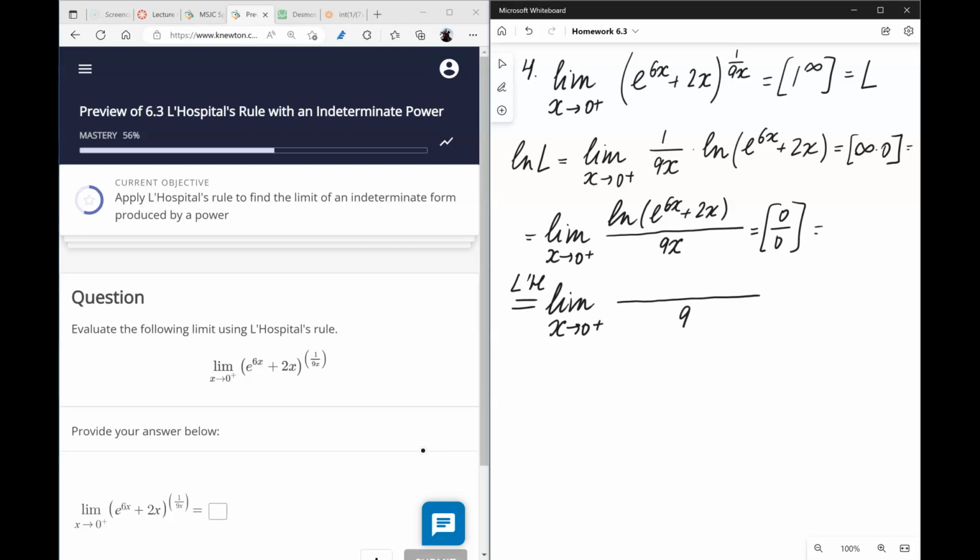So in the denominator we have 9. In the numerator we have the reciprocal of this function times the derivative of this function. So it's going to be 6e to the 6x plus 2. Now plugging in 0, what do we have?